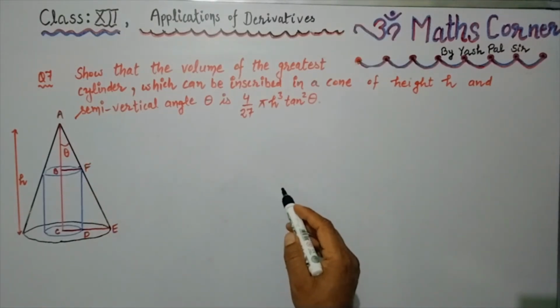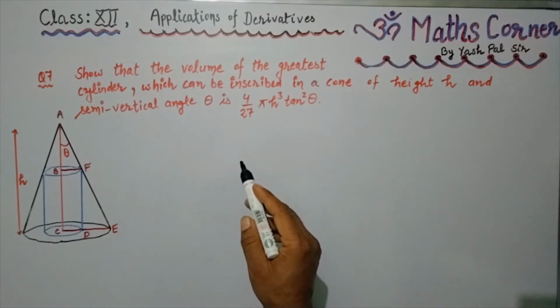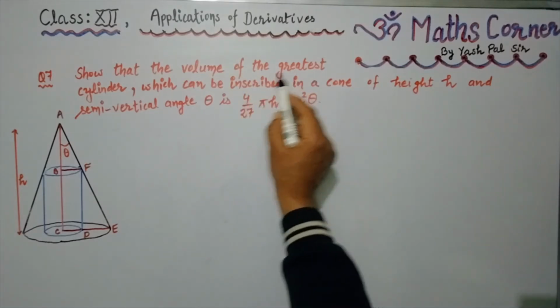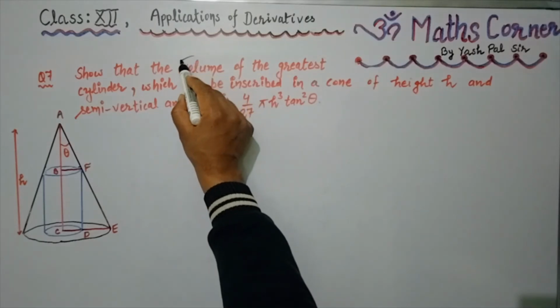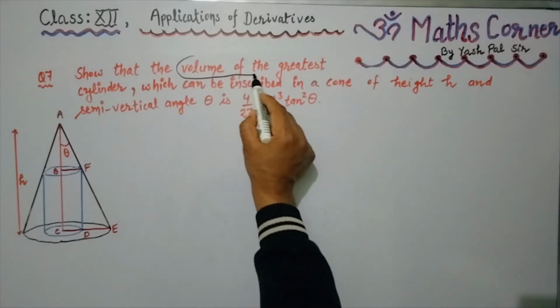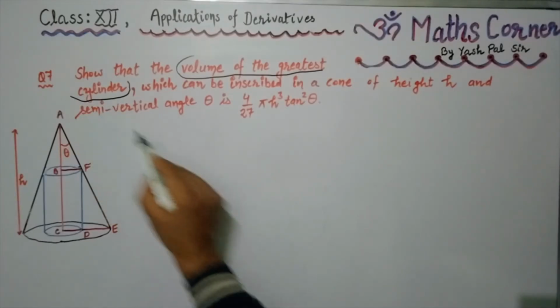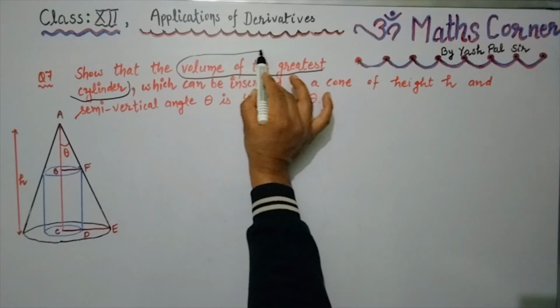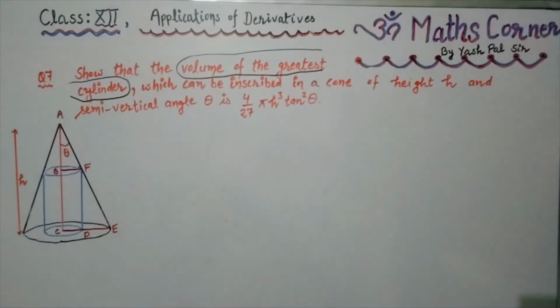Now we have to search for the word on which we have to apply the double derivative test to find the maximum or minimum value. Here the word greatest is written with the volume of the cylinder. So it means on the volume of the cylinder we are going to apply the double derivative test.